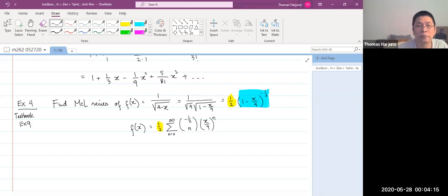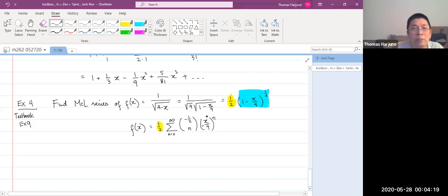Negative, I'm sorry. So I substitute, this is 1 plus negative x over 4, right? Now that negative x over 4 is the one I put here.